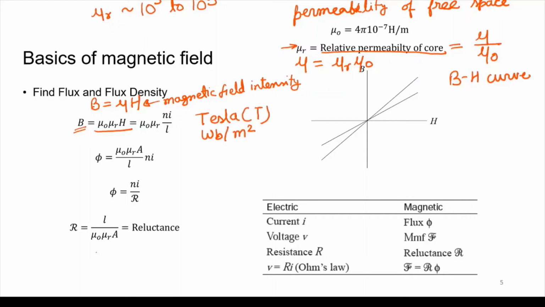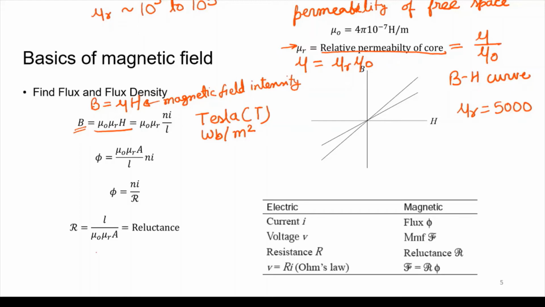Now let us consider a magnetic core with a relative permeability of 5000. So we can say mu r is equal to 5000. It means that the material of the core is 5000 times more permeable than free space.